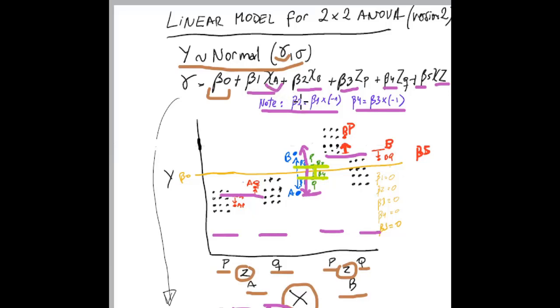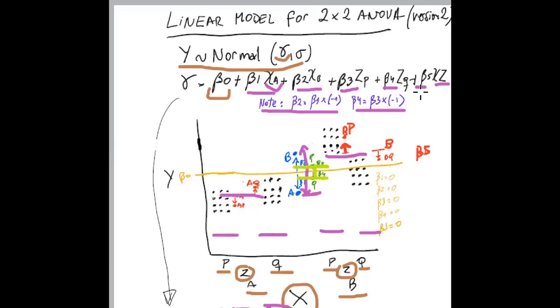And for the groups in which the grid is true, so they went through the grid, then we do beta 2 times 1. And for the groups that saw 3, then we do beta 3 times 1. And for the groups that saw one of the visual aids, we do beta 4 times 1.